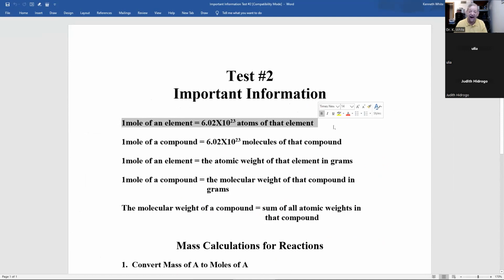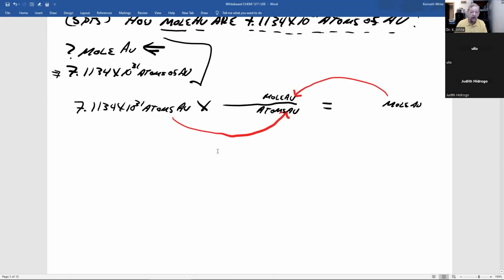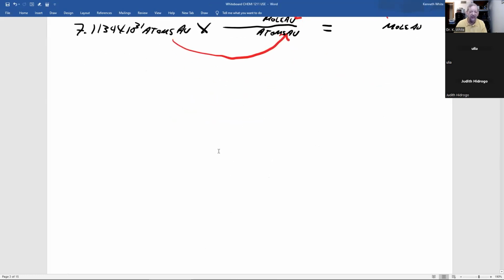This will be on the last page of test number 2 when I send it out in a couple of weeks. You'll be able to see this, but you have to know how to use it. So we know 1 mole of an element equals Avogadro's number of atoms of that element. Now, I'm going to write it down here. You do not have to, but just to remind you.